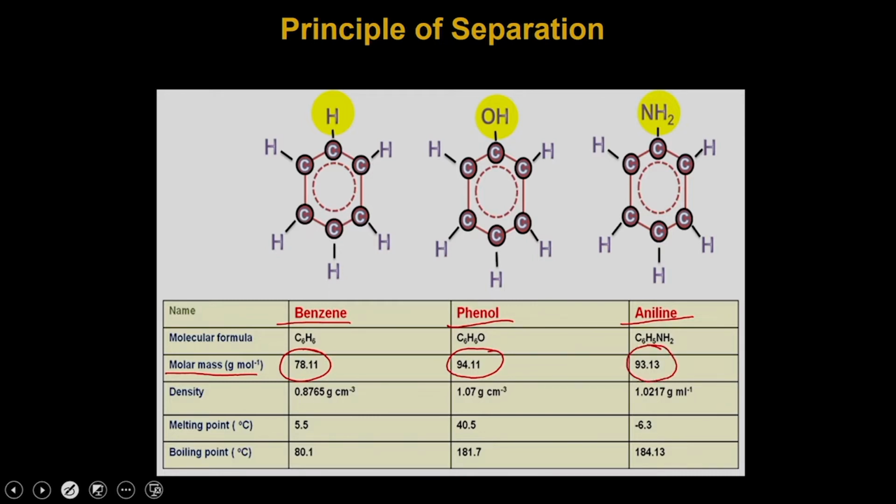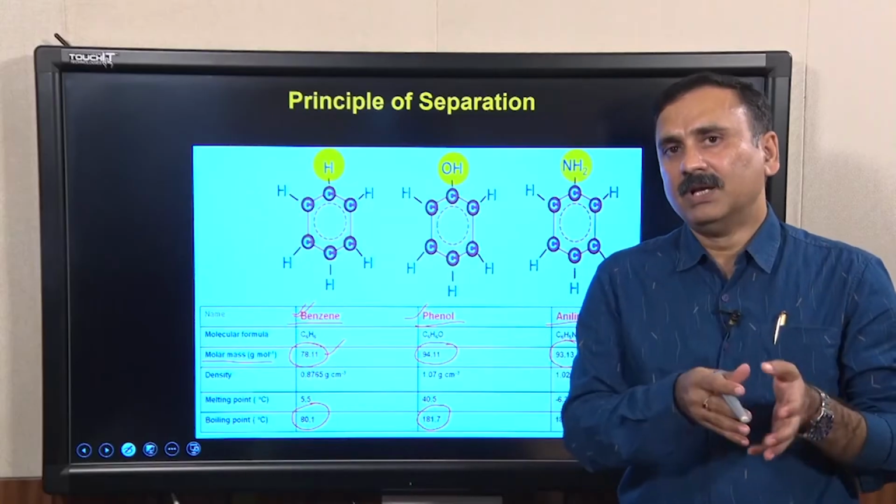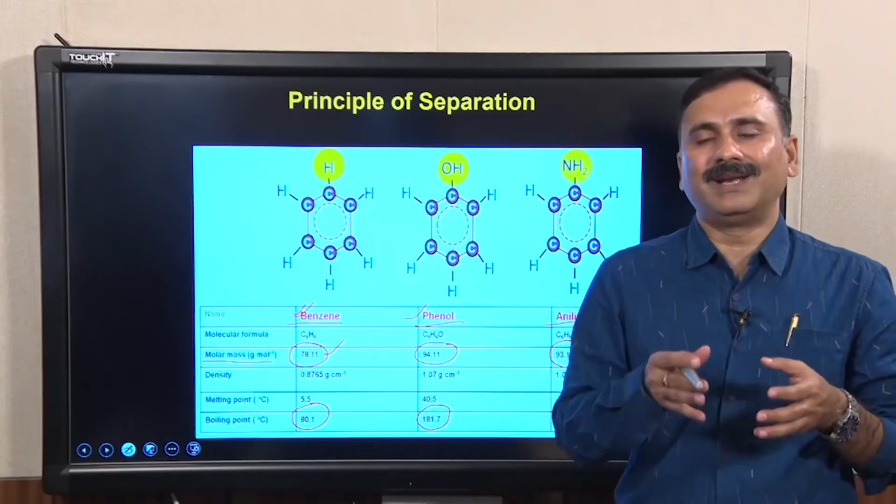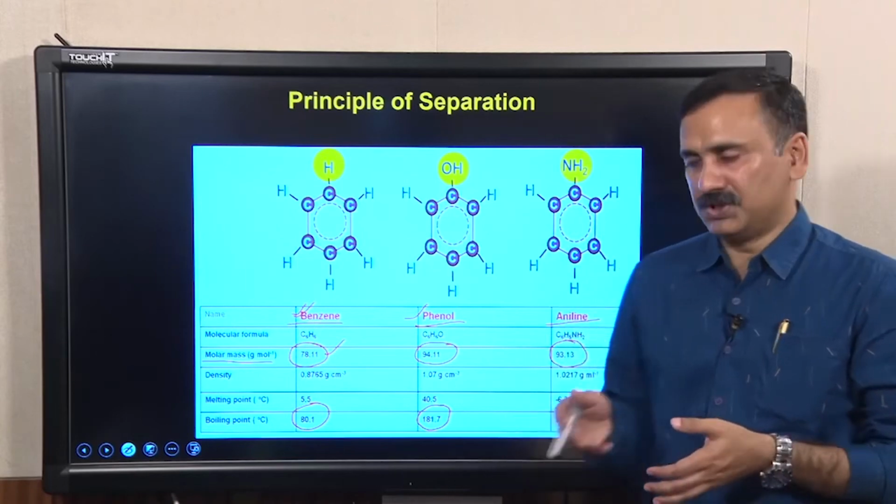So, if I have to purify benzene and phenol, I can exploit the differences between their molecular weights. Then you can also see the boiling points. The boiling points of benzene and phenol are different, so that also can be utilized. Let us see how the boiling point can be exploited to separate the two molecules using the technique called fractional distillation.